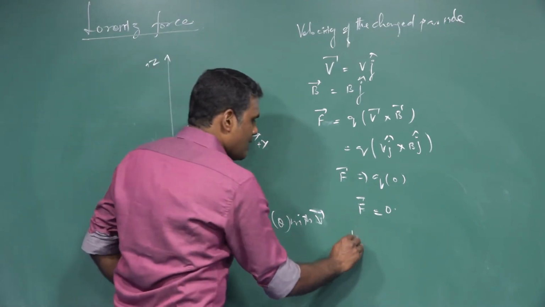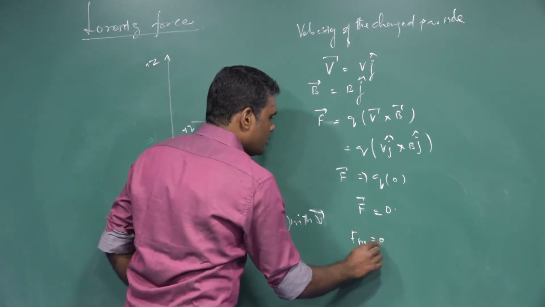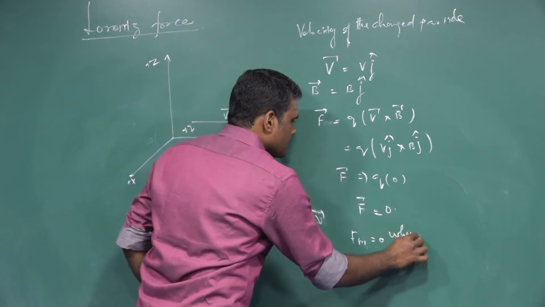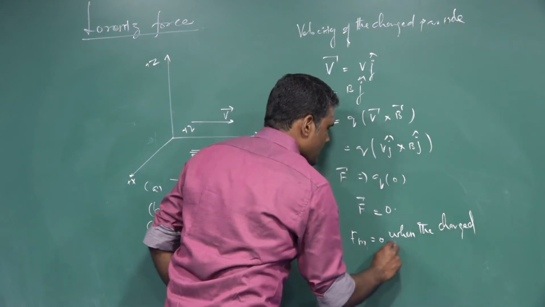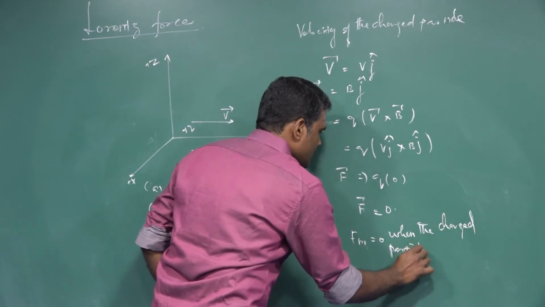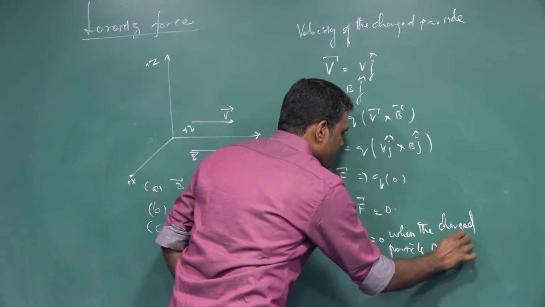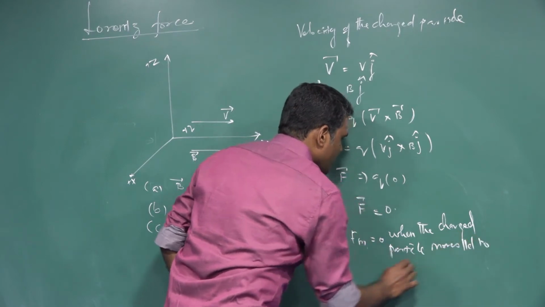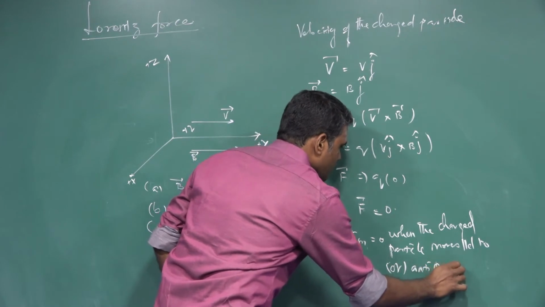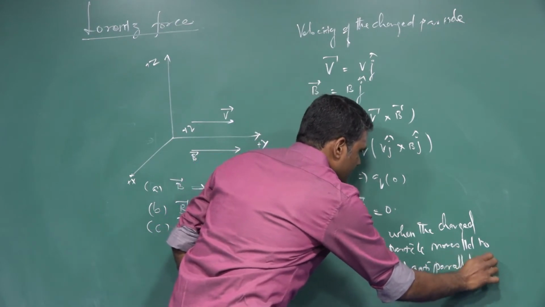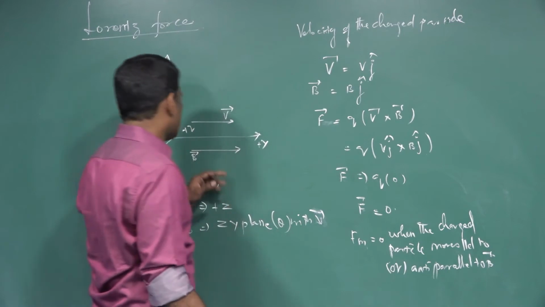So the magnetic Lorentz force Fm is 0 when the charged particle moves parallel or anti-parallel to the magnetic field.